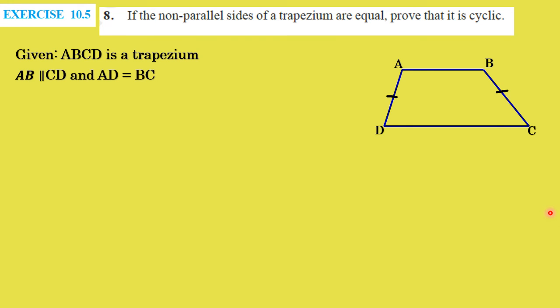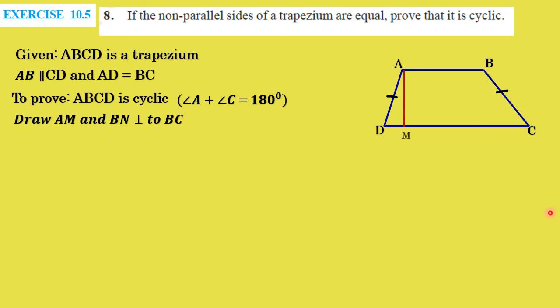So ABCD is a trapezium. AB parallel CD and AD equal to BC. To prove ABCD is cyclic, now draw AM and BN perpendicular to CD. Now we got two triangles here on either side.